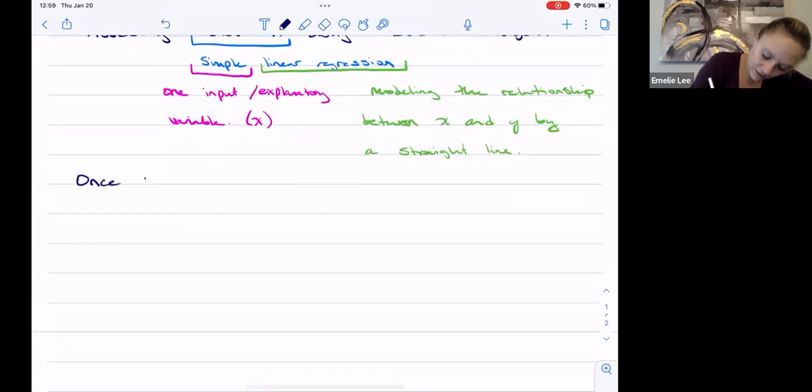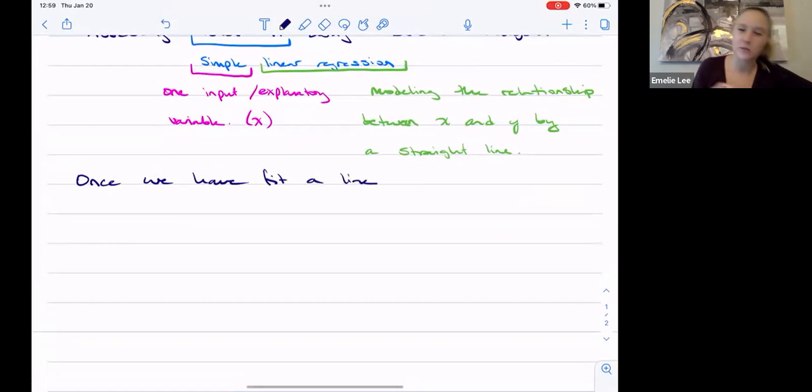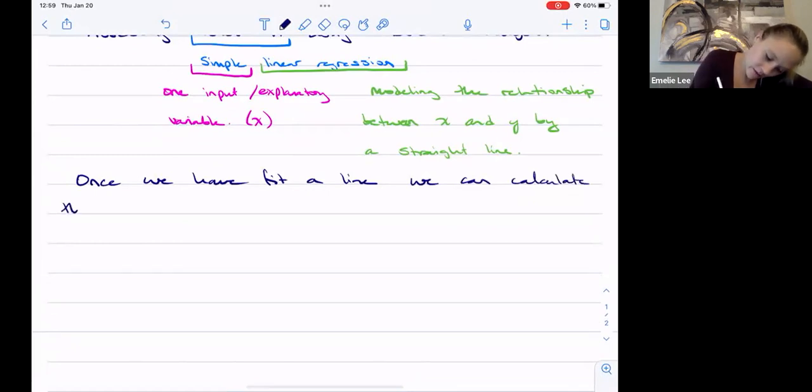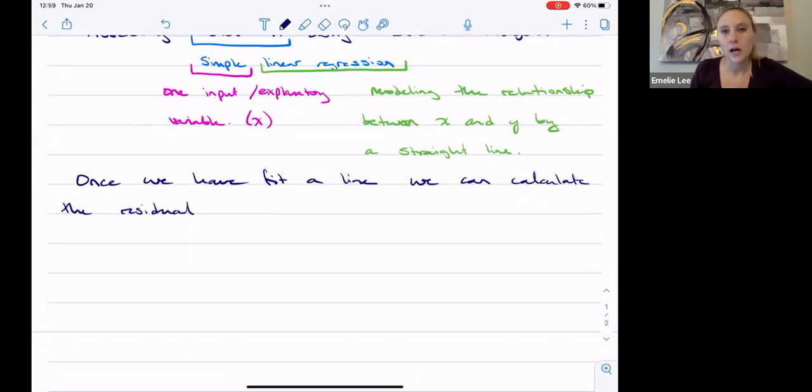So once we have fit a line, and I can't remember how much of this is review from last day, but it's all good to stay on top of, we can calculate the residual of each data point as the distance of that data point from the line, the model.